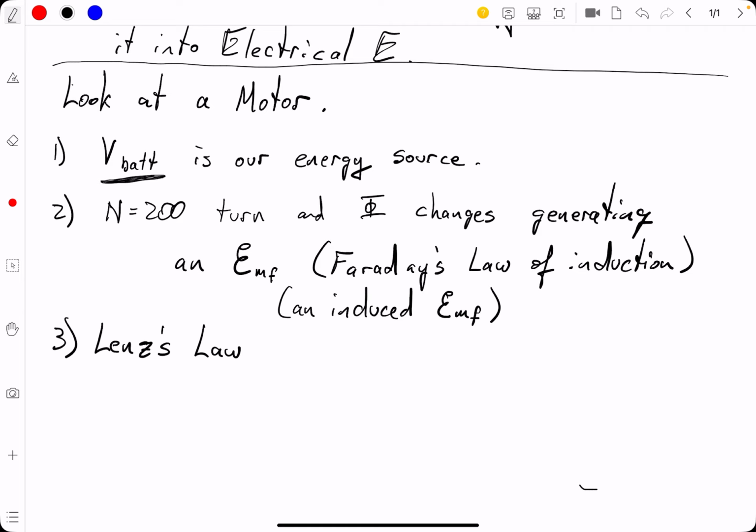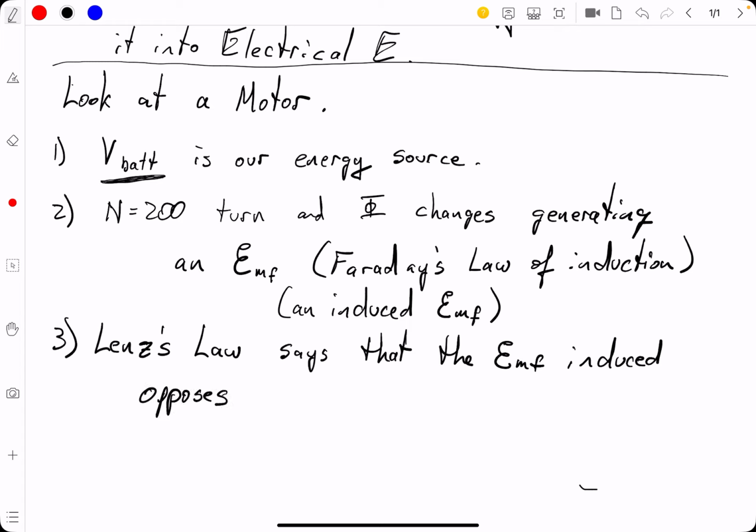And that EMF, this induced EMF, says, I should say first, it says that the EMF induced opposes the voltage from the battery.